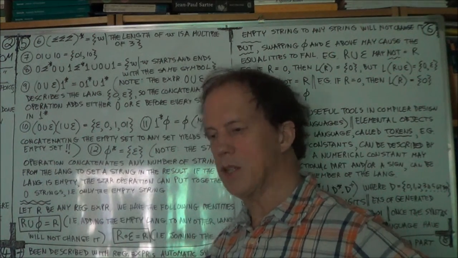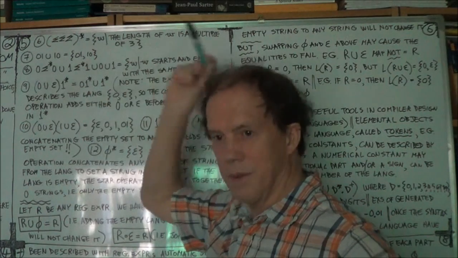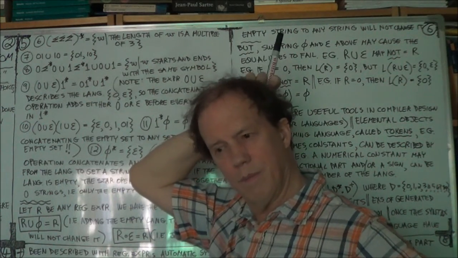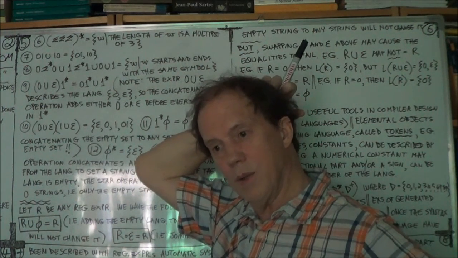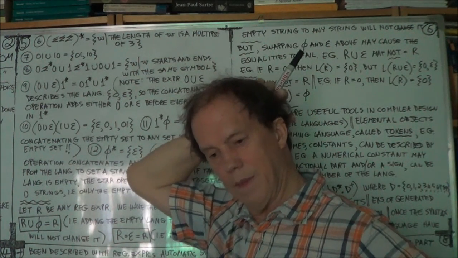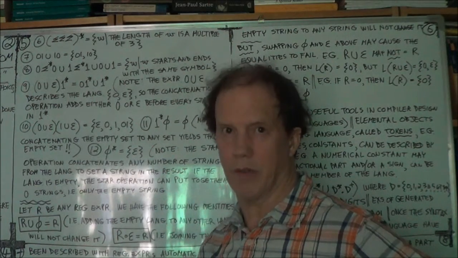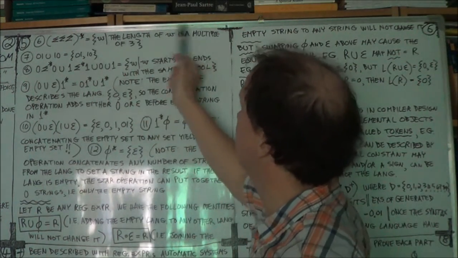So 3 characters each. So when you star those strings of length 3, you're always going to end up with a string whose length is a multiple of 3. Does that seem plausible too?